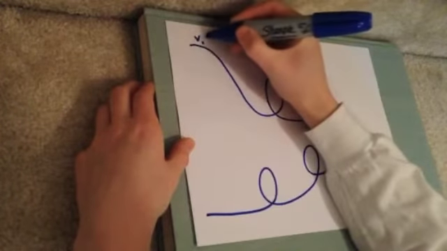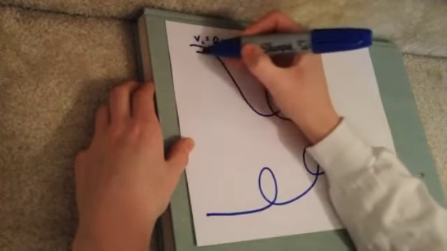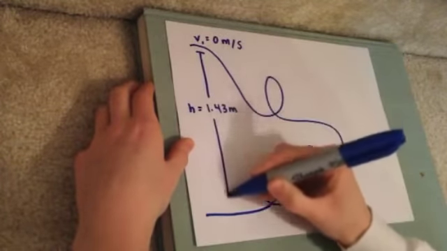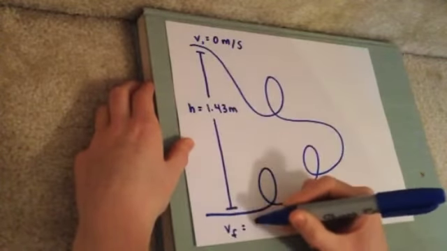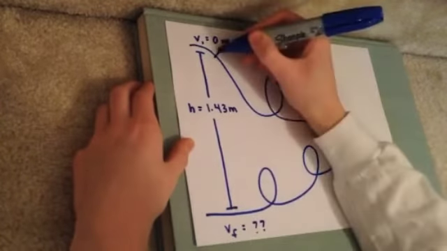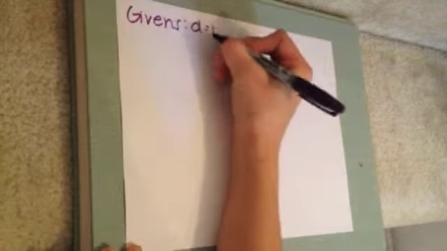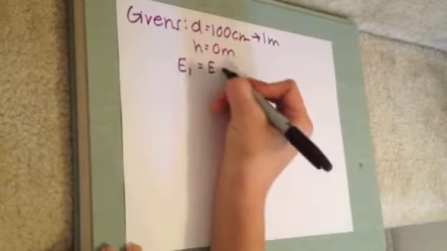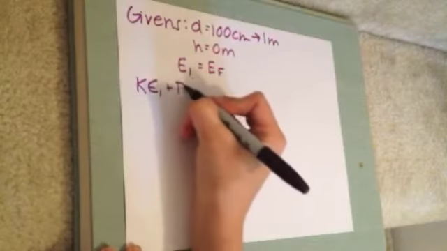For our last problem, we know that Vi equals 0 meters per second. Our height is 1.43 meters, and we are solving for our final velocity. The law of conservation of energy says that Ei equals Ef.